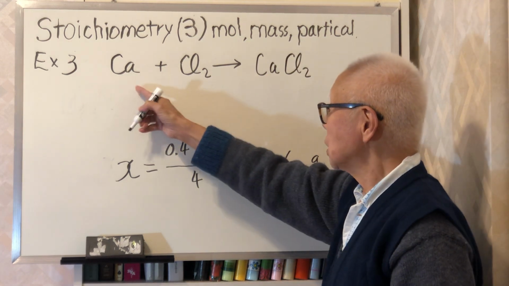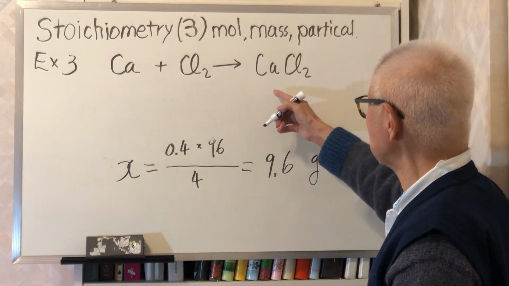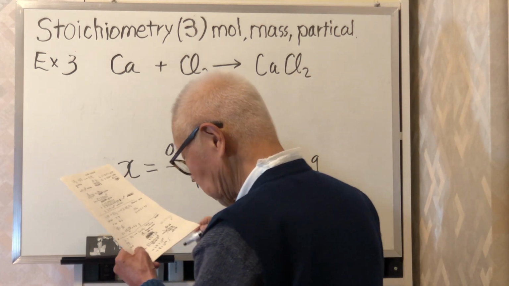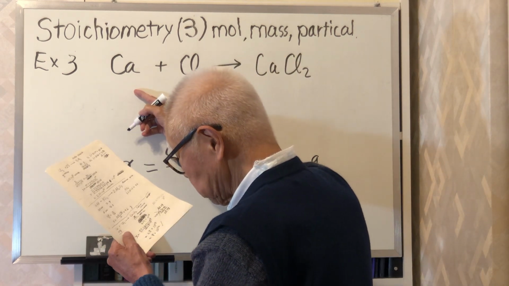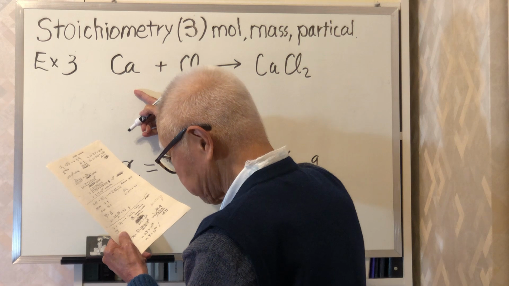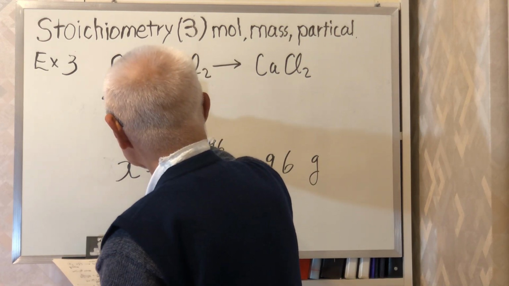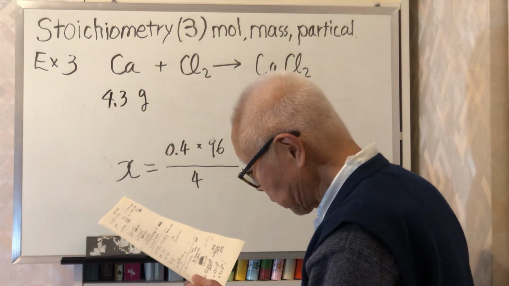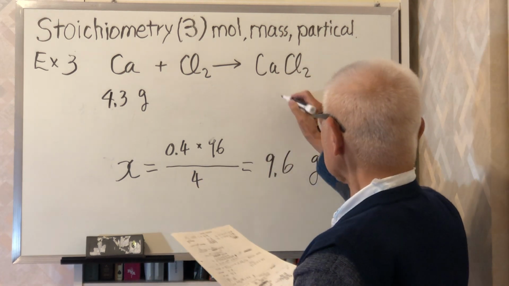Next example, calcium and chlorine react with each other to produce calcium chloride. What is given? Calcium is given, 4.3 grams. What do I want to find? I want to find the product.